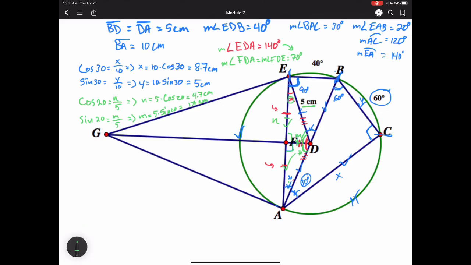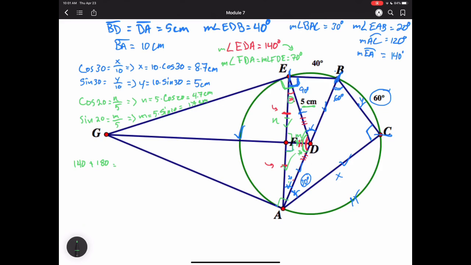That's the kite. Now, we know angle EDA to be 140 degrees. So I'm just going to write this over here. And then we know that tangent lines meet radii at a right angle, so GAD and GED are both right angles, which is another 180 degrees that we've accounted for.